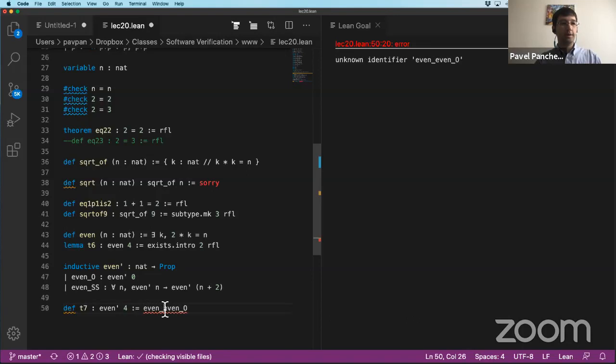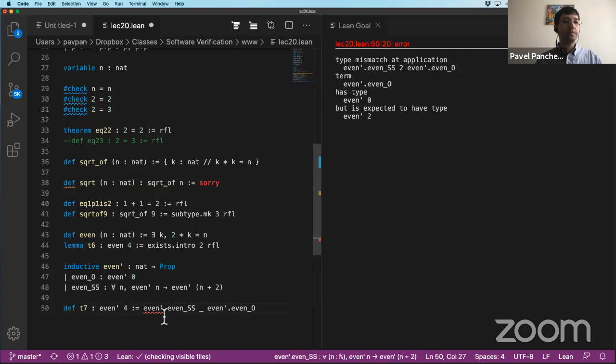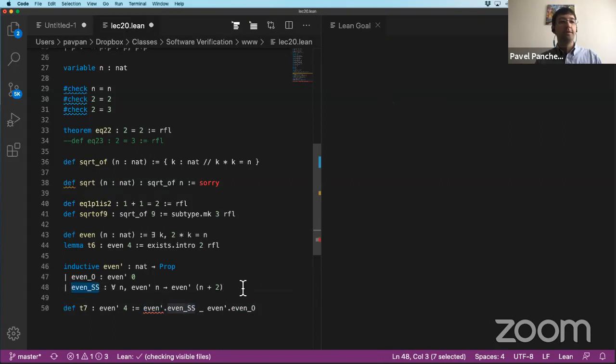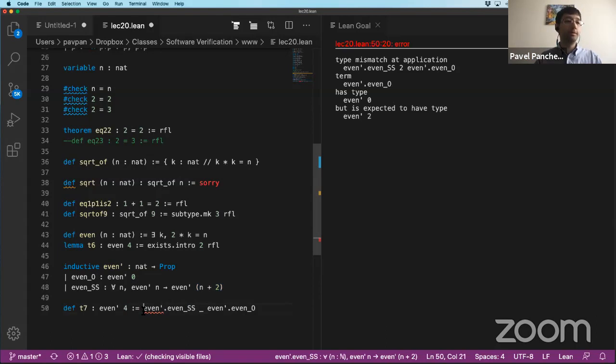And then I can take that proof that 0 is even, and say, well, if 0 is even, then this case of the recursion tells me that 0 plus 2, namely 2, should also be even.